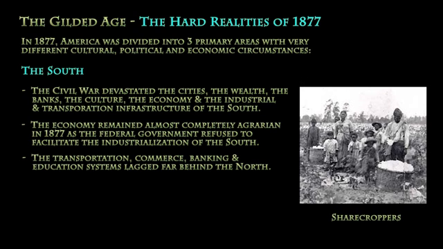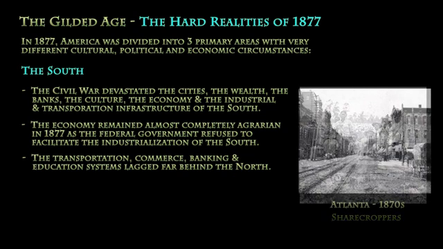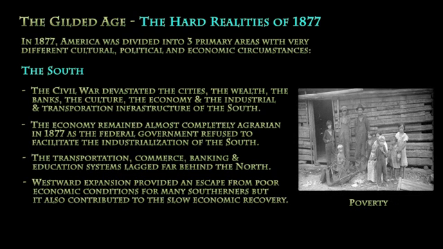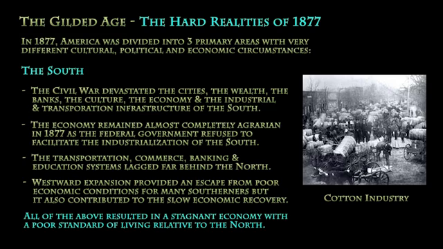The transportation, commerce, banking, and education systems lagged far behind the North. Westward expansion provided an escape from poor economic conditions for many Southerners, but it also contributed to the slow economic recovery. All of the above resulted in a stagnant economy with a poor standard of living relative to the North.